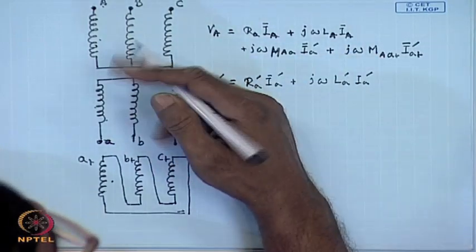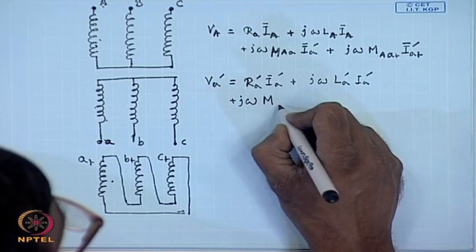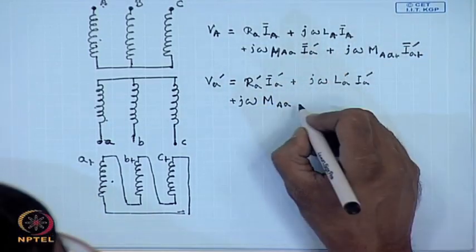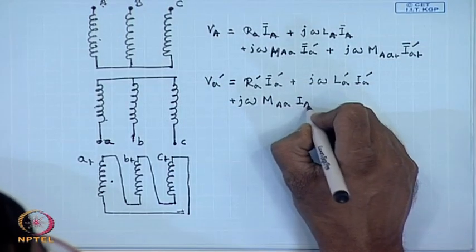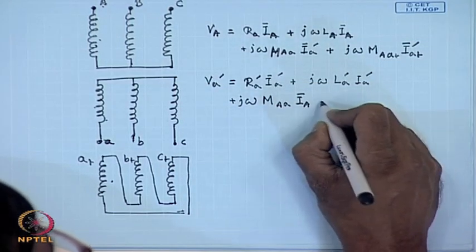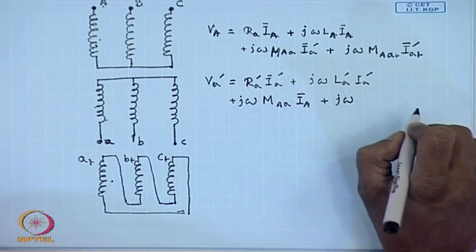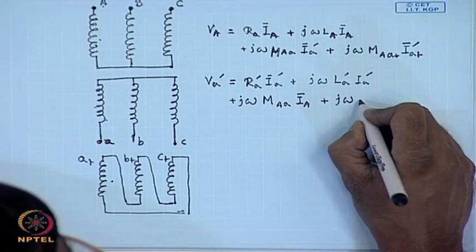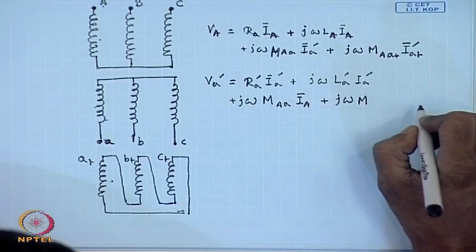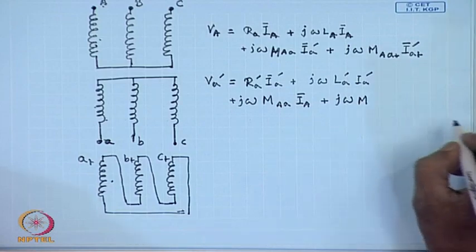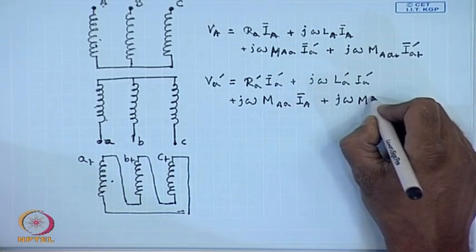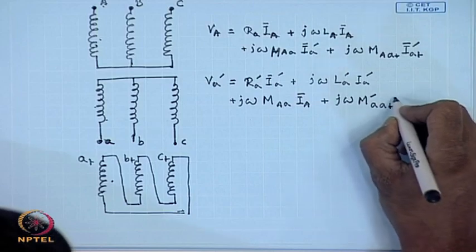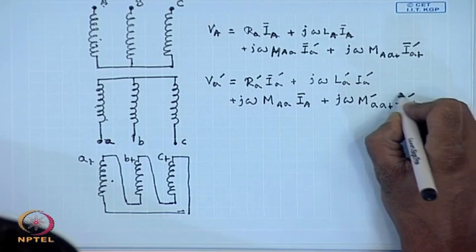Now, this being symmetrical, this will still be M A, I A, plus j omega M dashed A T, I A T dash.